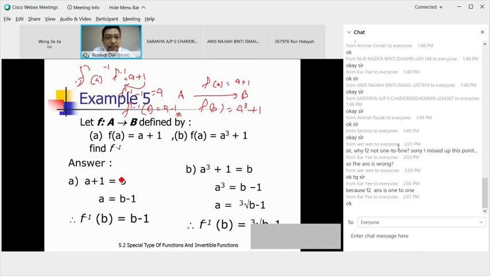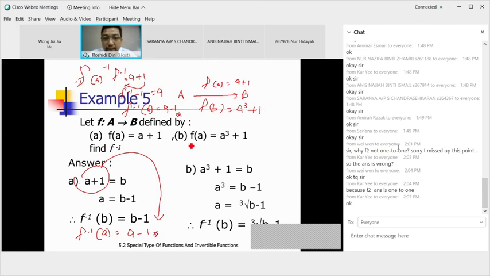Once we put it back to A, it will be A minus 1. So the invertible function of A plus 1 is actually A minus 1.